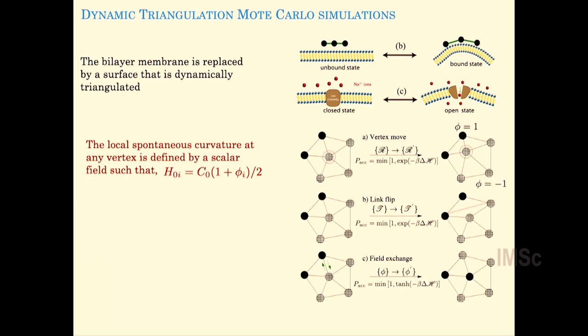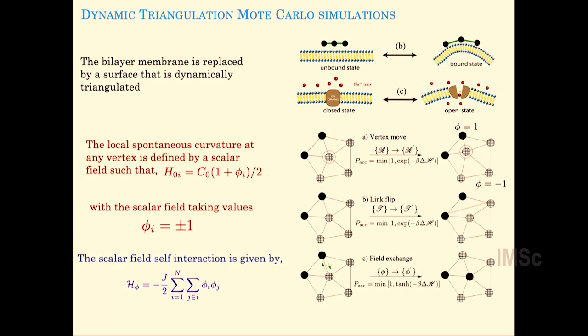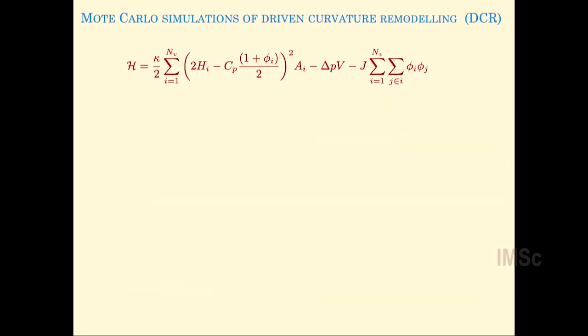That's how we put it in the model. Then you can have interaction between these points, and that is given by the usual Ising-like term. That is what we have. Now, including all of that into the Helfrich Hamiltonian, in a discrete version of that, you can write it like this. Here H is the mean curvature at any vertex, and this is the preferred curvature.